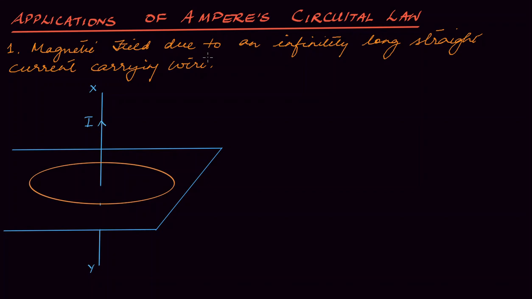So to apply the circuital law, we have to take a small length of the loop. Let's take a small length dl, from here till here. Okay, and at this point, what will be the direction of the magnetic field?